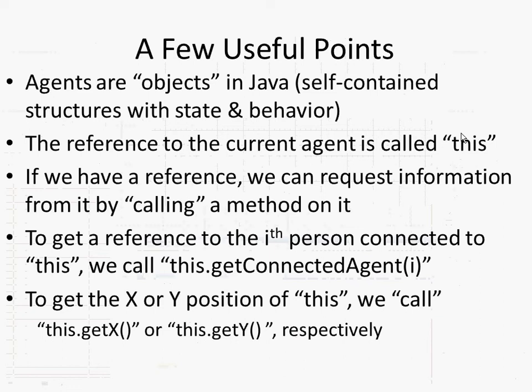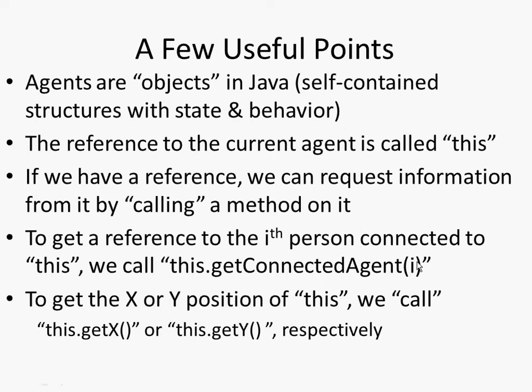If I'm an agent, I go around with a name. My name in reality is Nate, but I could also have the name this, which also refers to me. Whatever agent we're dealing with, they can use this to refer to themselves. And if we want to ask, who's the agent connected with me? Like, who's the first agent connected with me? We would call that starting at 0.